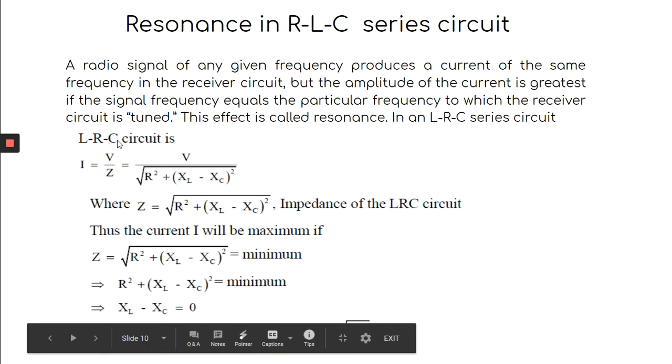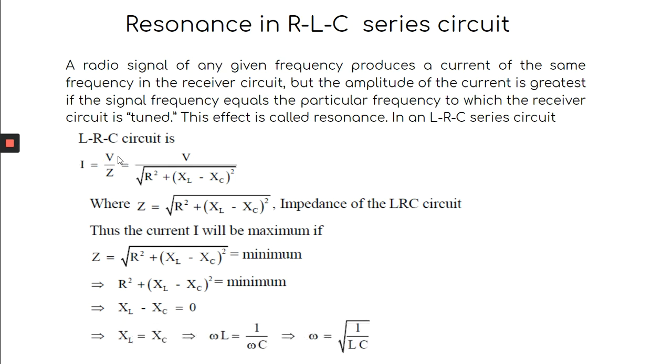When there is an LRC series circuit with an AC source, all of you know that I is the current amplitude and V is the voltage amplitude. How are they related? I equals V by Z, where Z is the impedance.